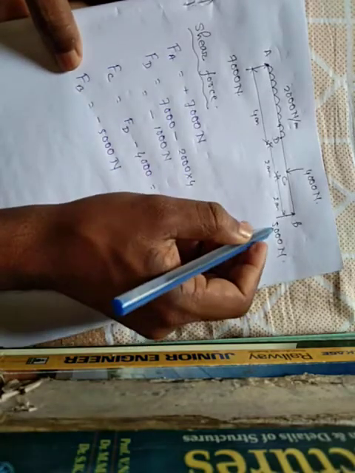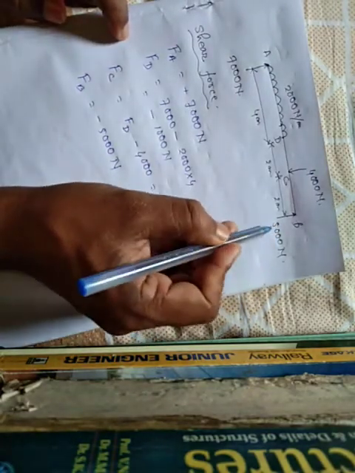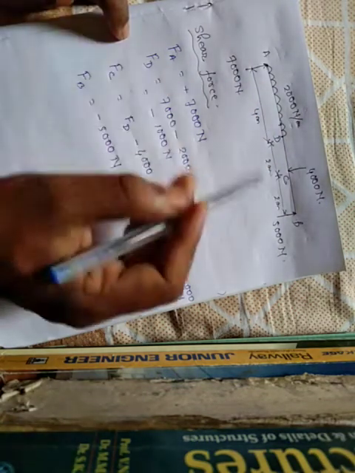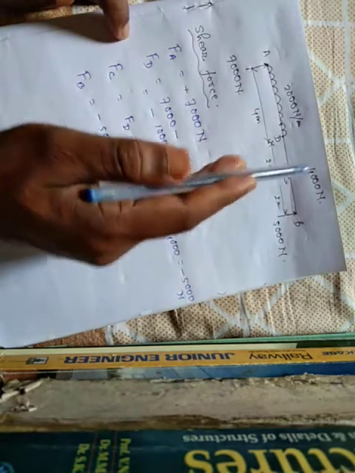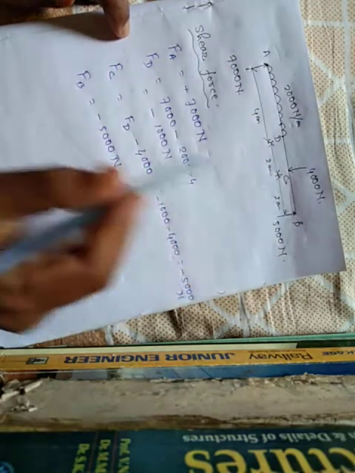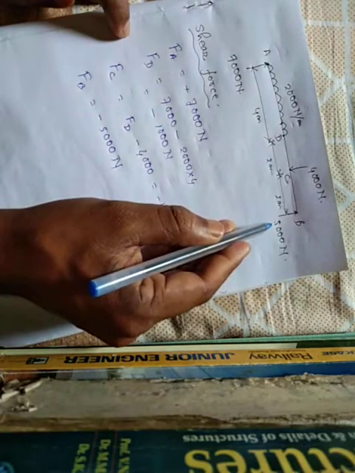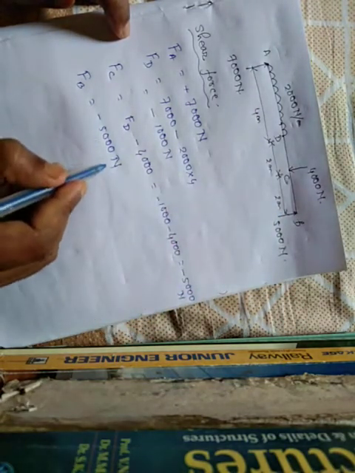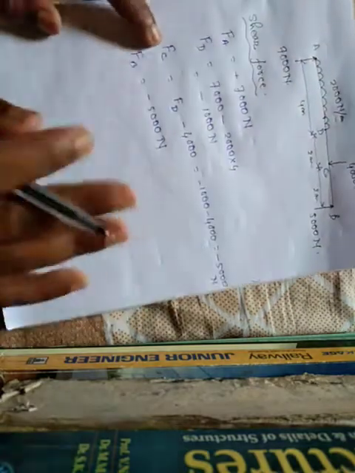That is reaction force. I already said that for sign convention, the shear force for the right side section is always negative. The shear force at point B is minus reaction force at point B, that is minus 5000 Newton. Now draw the shear force diagram, how it looks like.